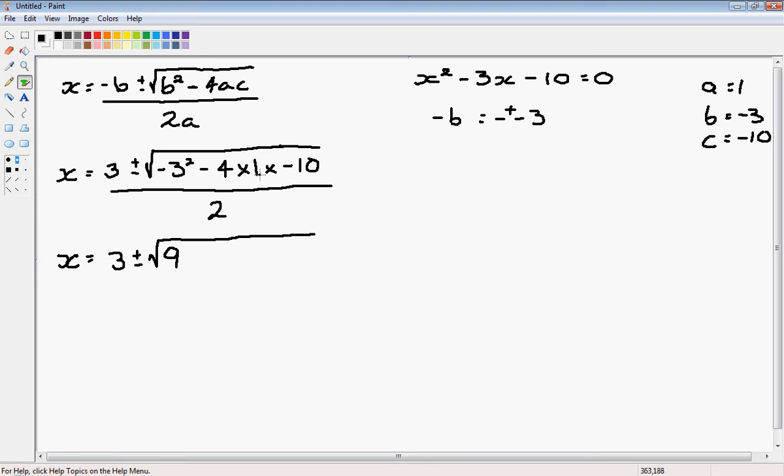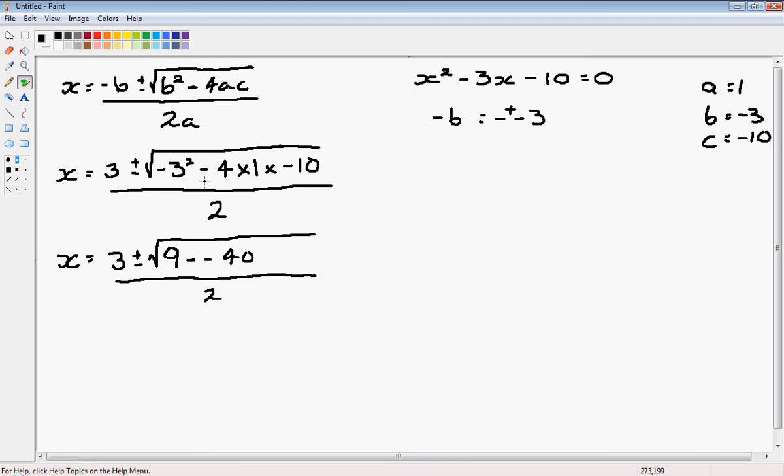So 4 times 1 is 4, and 4 lots of minus 10, so that's 4 times minus 10. So if we have 4 lots of minus 10, we have minus 40, and it says to take away this, so we have minus 40. Okay, and this is still over 2.